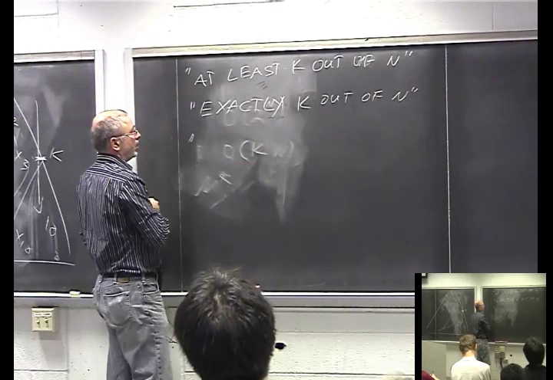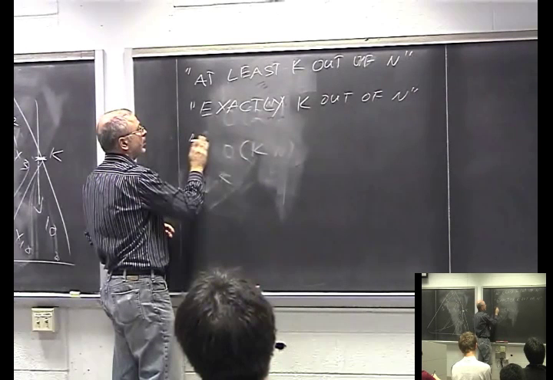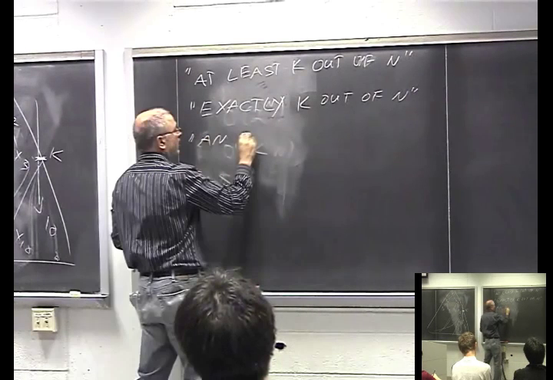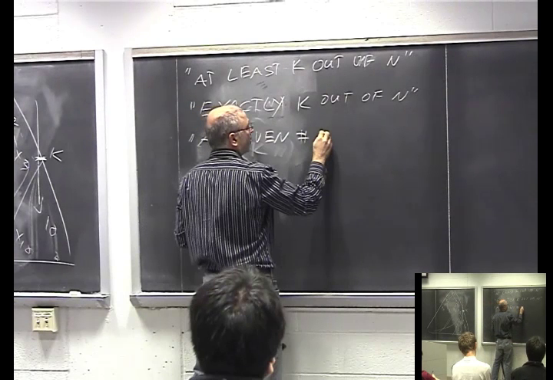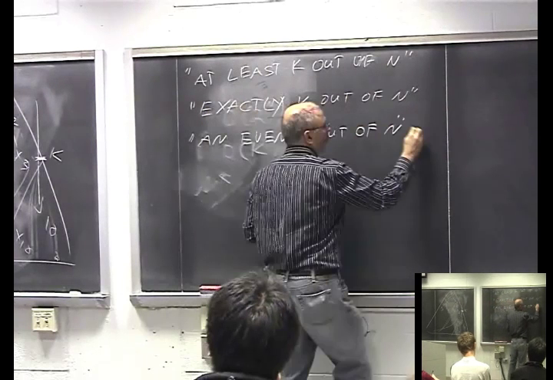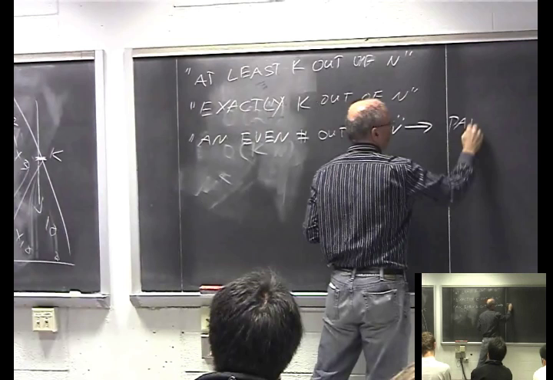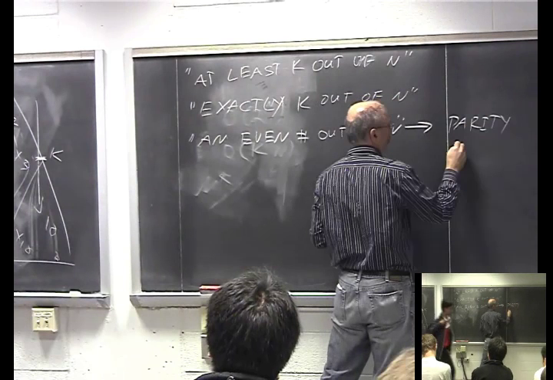And then you have an even number out of n, which is the parity, or XOR.